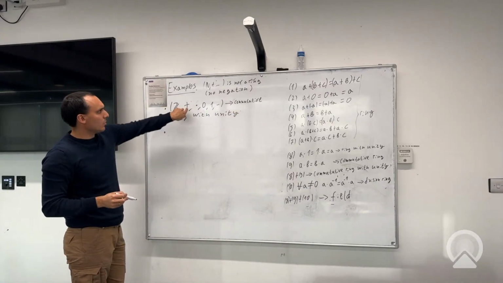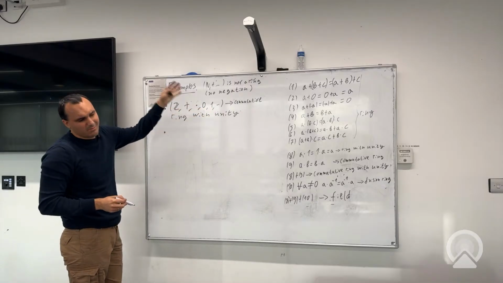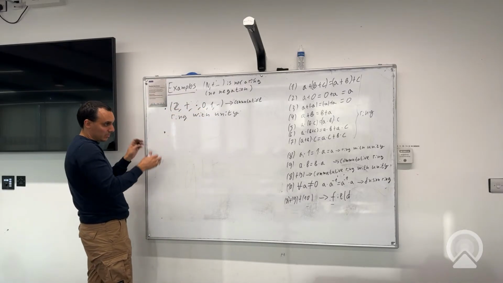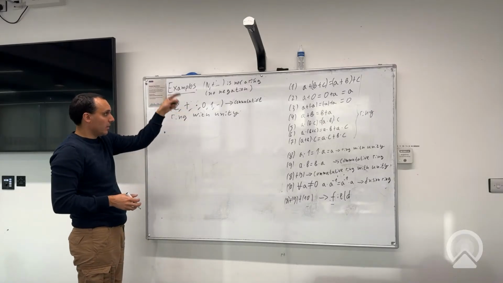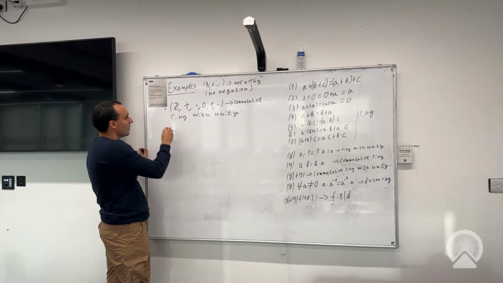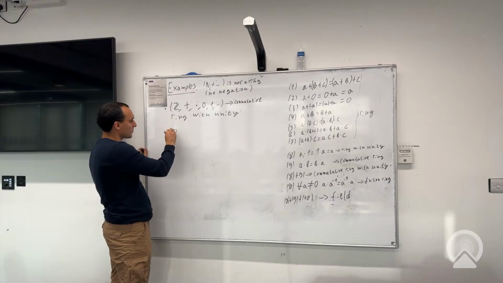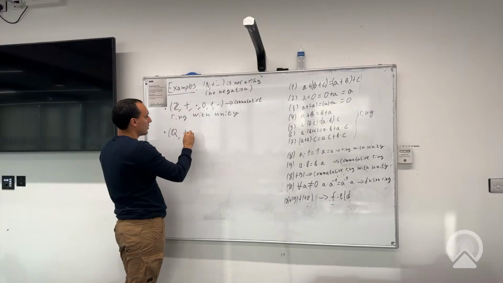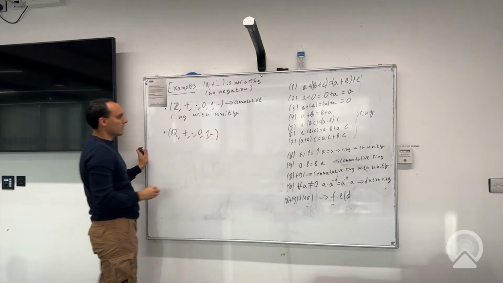Okay, for the rest I will not write the operations because they're always the same. Sometimes there's some strange operation, but in most cases they're written the same way. Actually, it's better to write them because of matrices.